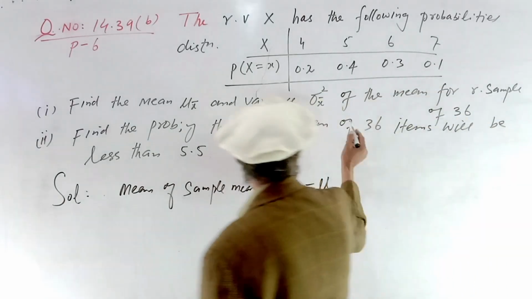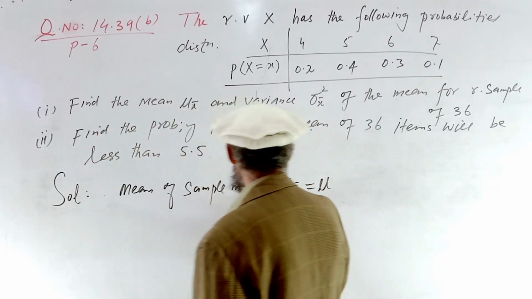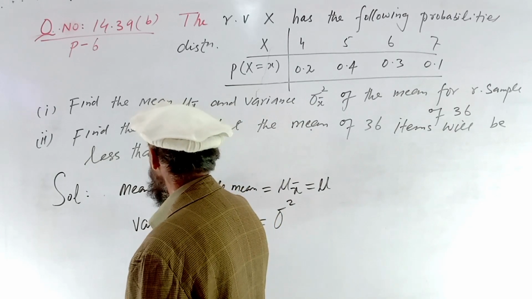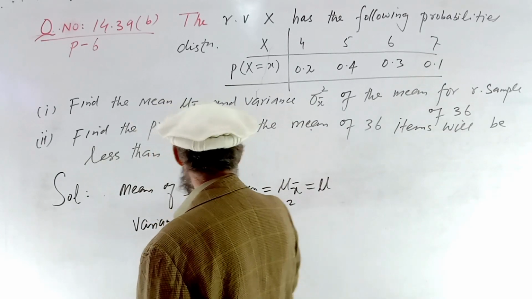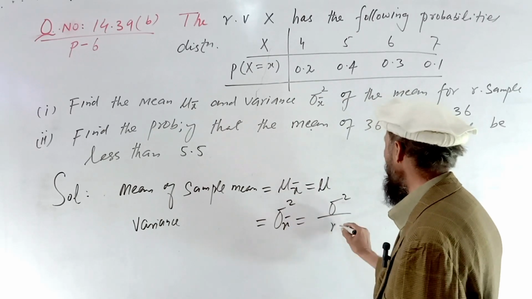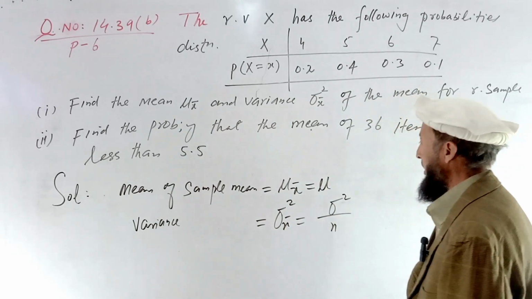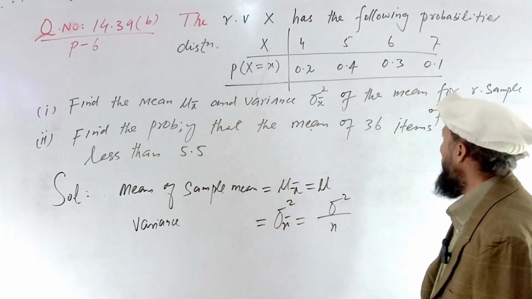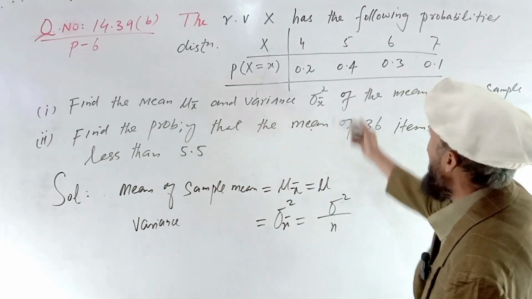Similarly, we are also required to find the variance of the sample mean. Variance is sigma squared divided by n. We can write it in this form. Now we are required to find the probability.